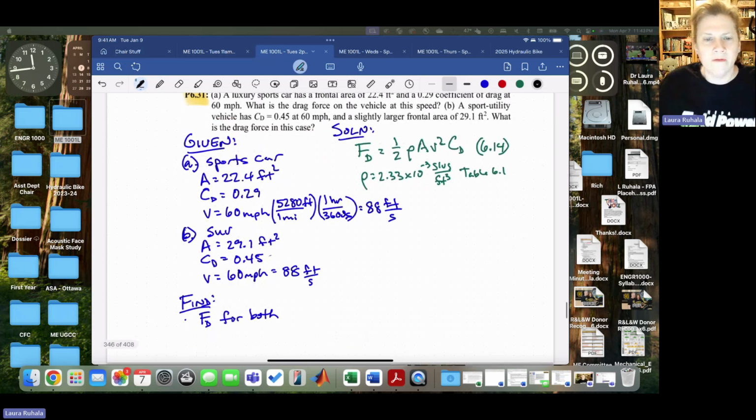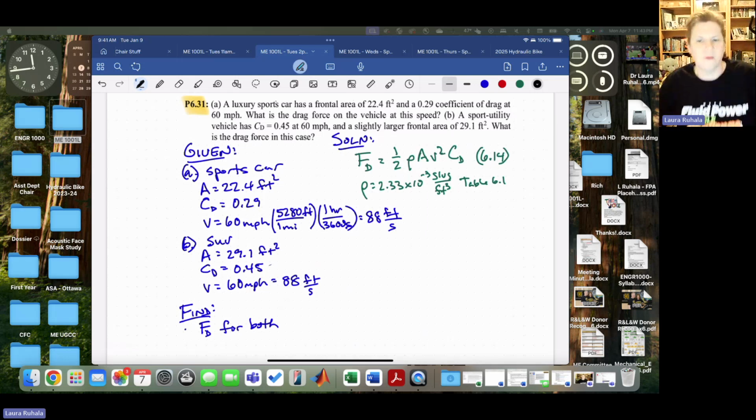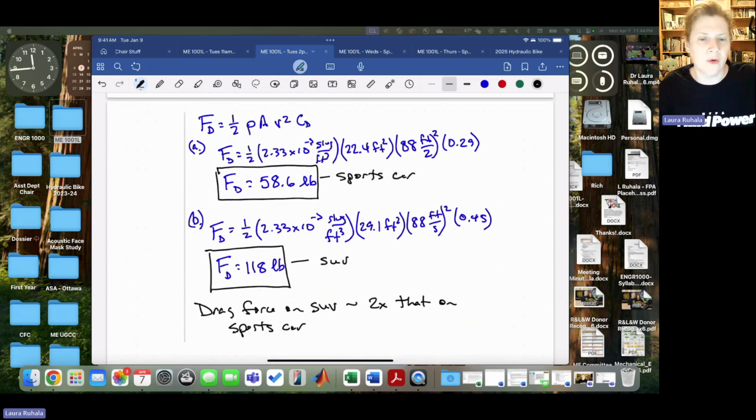We have the different coefficients of drag and the frontal areas of a luxury sports car versus an SUV. It asks for the drag force for each of them. We found that the sports car had a drag force of 58.6 pounds, and the SUV had almost twice as much, 118 pounds.